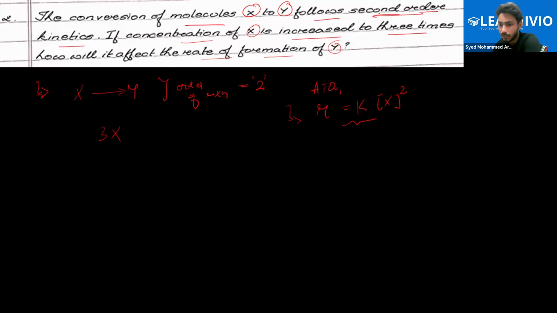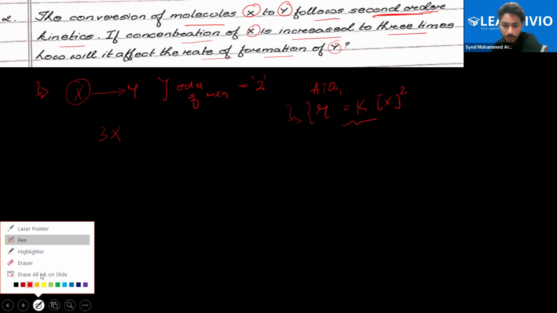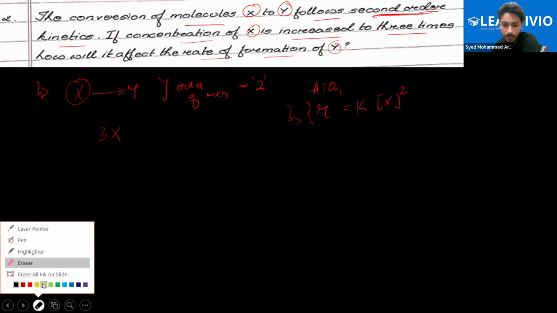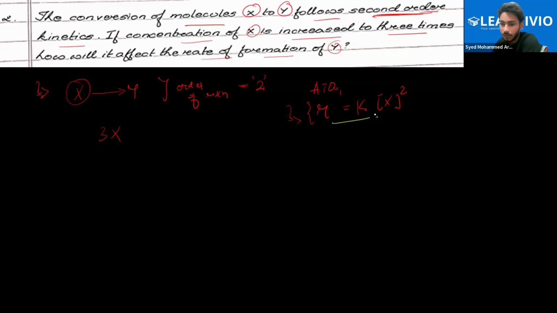Because it is a second order reaction, and the rate law is basically defined with the reactant. So the reactant having a power of 2 is basically the rate law expression. Understood? Is there any difficulty understanding this concept? Tell me. Okay, fine. Now what you need to do is keep 2.